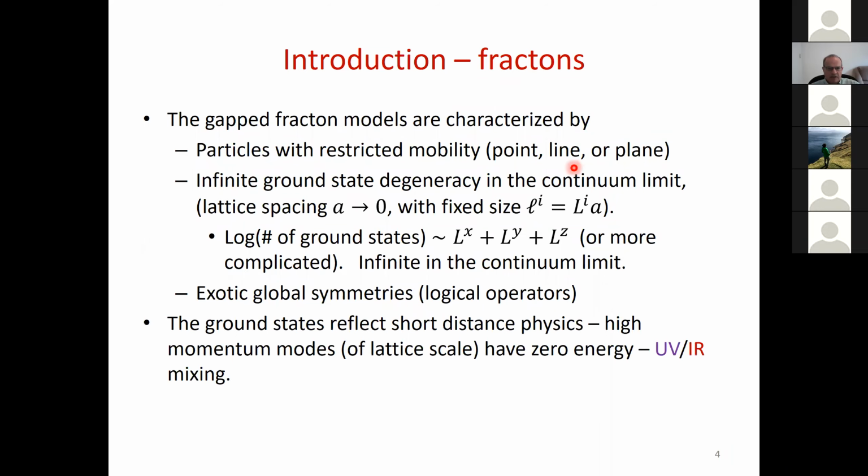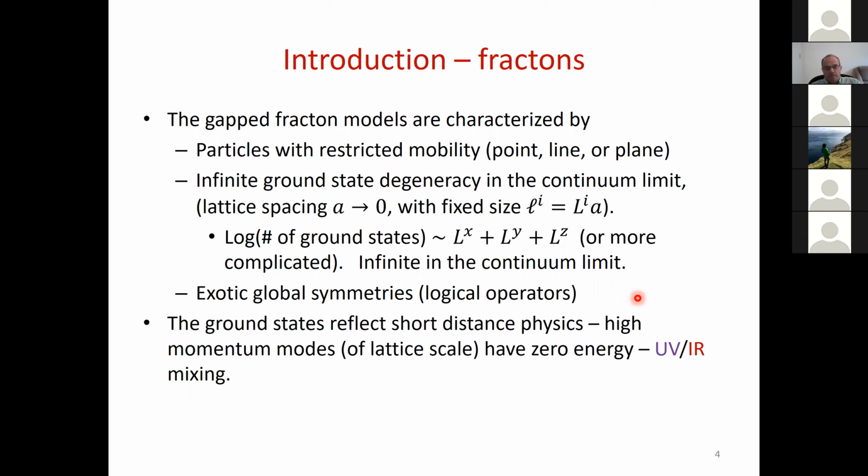So all this tells us that the ground states reflect short distance physics. If we just look at low energies and even just the ground states, they're sensitive to what happens at the lattice scale. They are sensitive to the orientation of the lattice. They're sensitive to the number of sites in the lattice. And expectation values of operators have high momentum, even though we're at low energies.